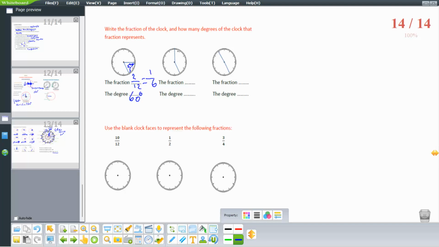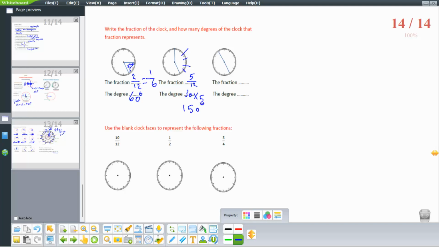Here 1 over 12, 2 over 12, 3 over 12, 4 over 12, 5 over 12. And the angle is 30, 60, 90, 120, or we say 30 times 5.